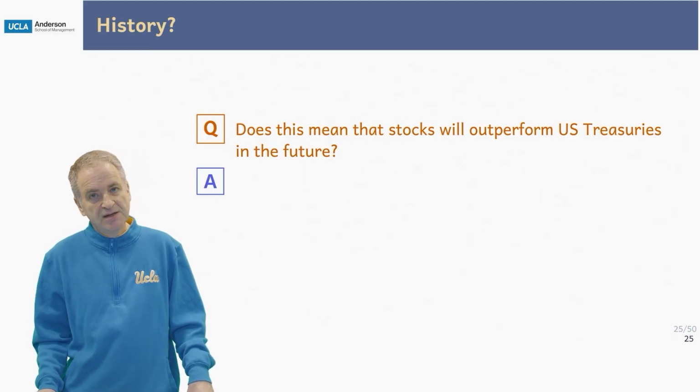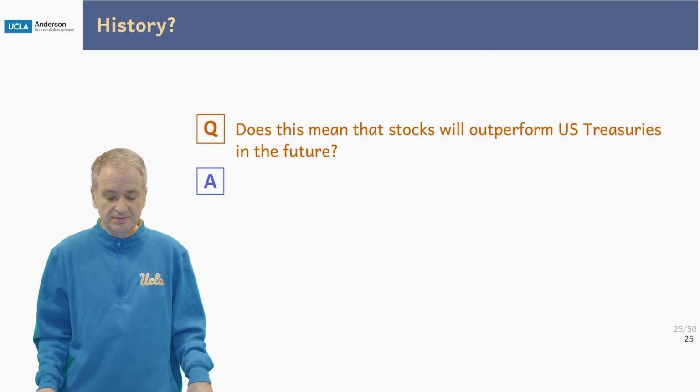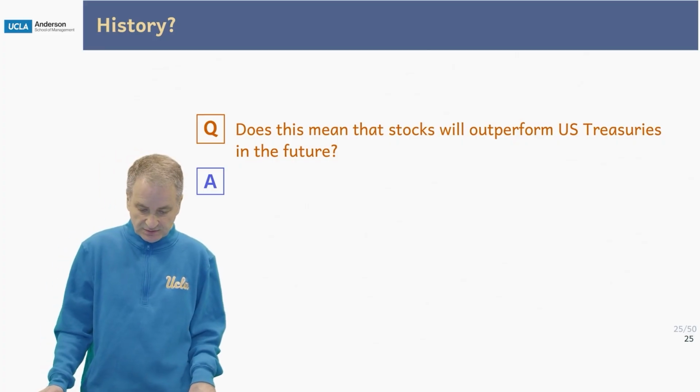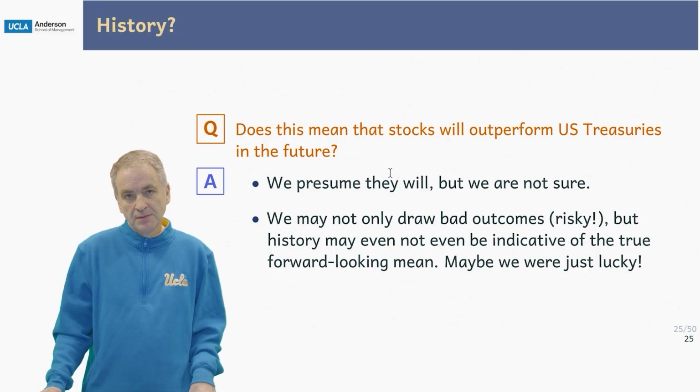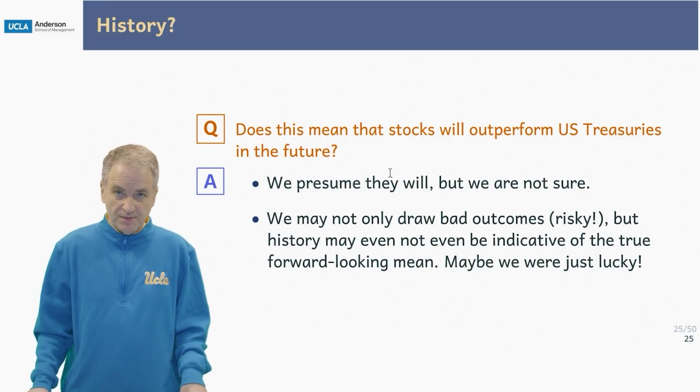Does this mean that stocks will outperform U.S. Treasuries in the future? Please pause this video now, answer the question on a piece of paper, and then continue. We presume they will, but we're not sure.